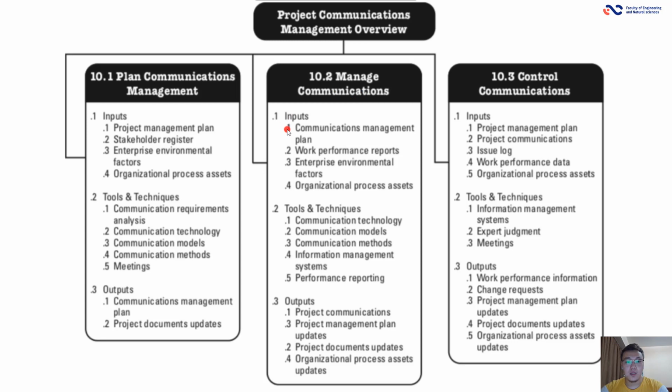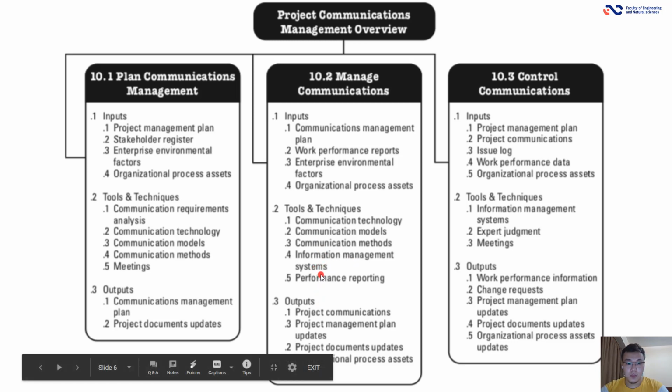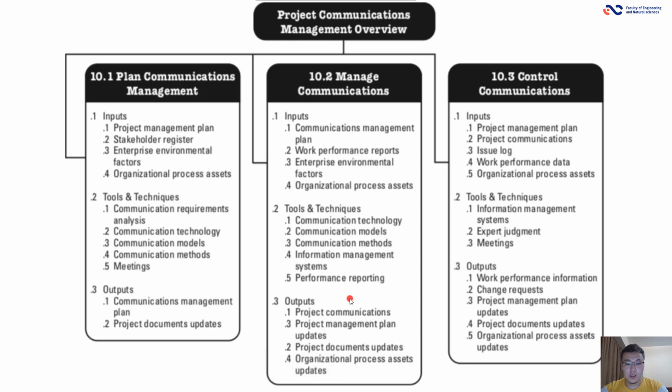Manage communications. In input, communication management plan, work performance report, enterprise environmental factors, organizational process assets. In tool and techniques, communication technology, communication models, communication methods, information management systems, performance reporting. In outputs, project communications, project management plan updates, project document updates, and organizational process assets updates.